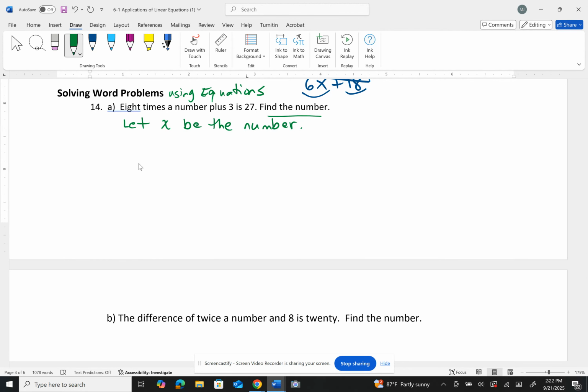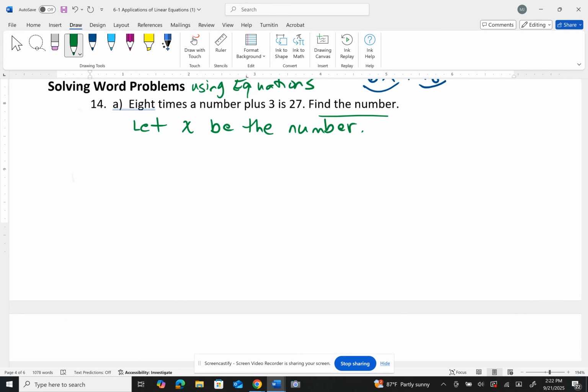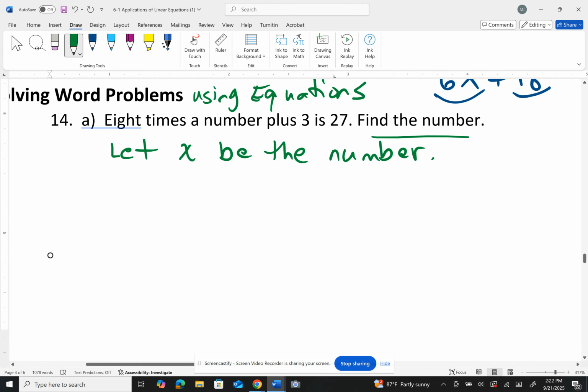All right, now what I'm reading is this sentence. Let me blow this up a little bit. The sentence says 8 times a number plus 3 is 27. Now, this process works really well on this type where all you're doing is trying to translate from English to math. Find the word is, and write it down.